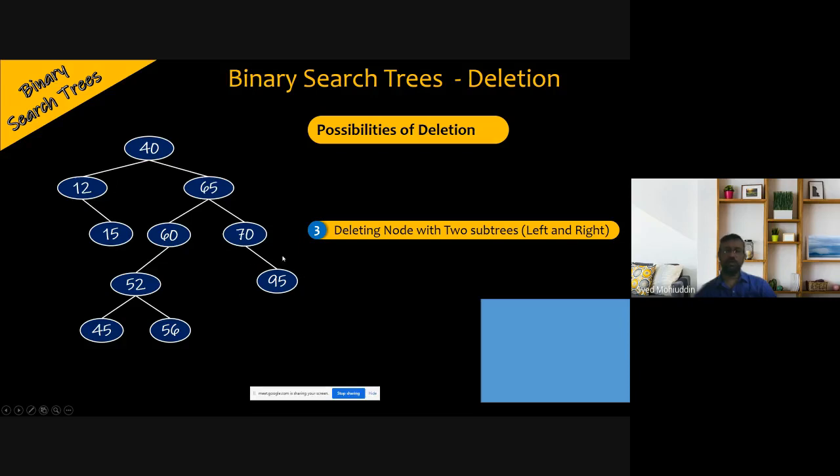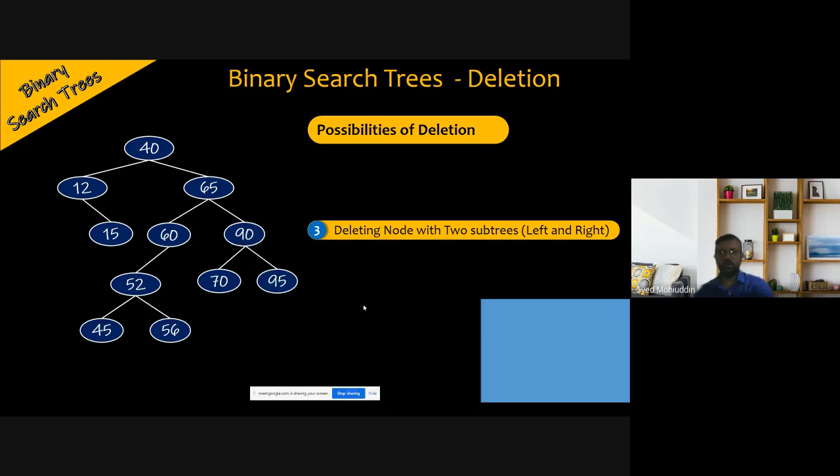The property of binary search tree is satisfied. Or, when we are deleting node 90, we can make the right child the node and delete the right child. So this is one possibility. This is pretty straightforward, because the left and the right child do not have their children.